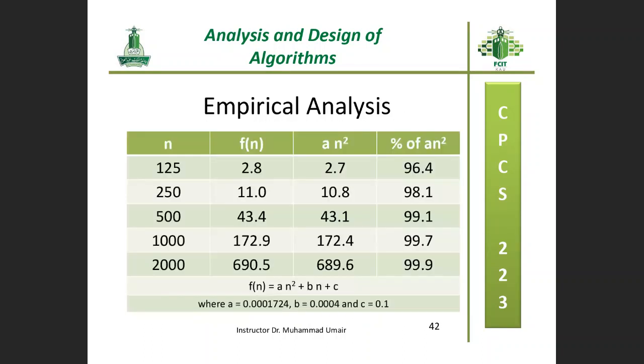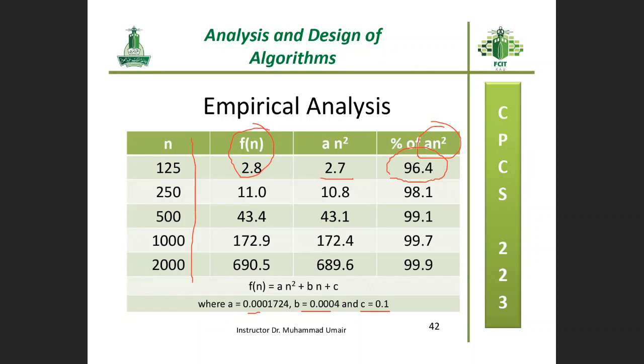So if I pick any one of the equations, the first equation, with a as 0.001724, b and c, and I draw the function value and the contribution by the an square factor, you can observe that the maximum contribution is taken from the factor an square, and the rest of the terms contribute very little.